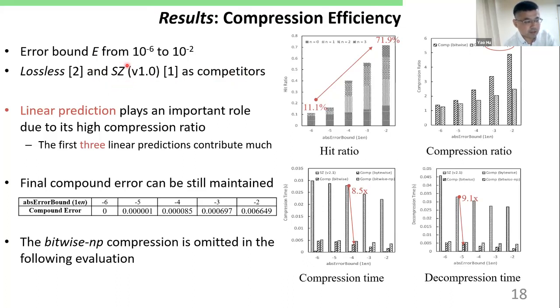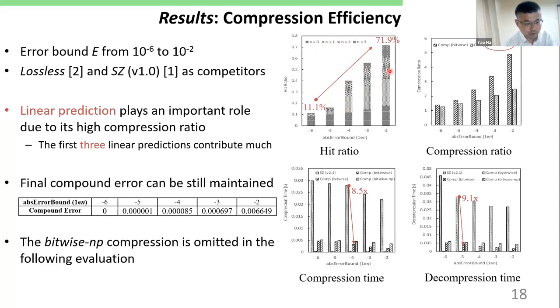And SZ is not applicable to the inter-process communication, so here it is used as a reference. And from the result, we can see the linear prediction plays an important role due to its high compression ratio. And the first 3 linear predictions, I mean n is 0, 1, 2, contribute much to the compression ratio.